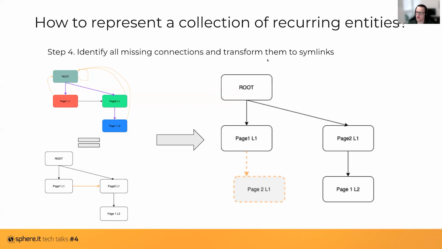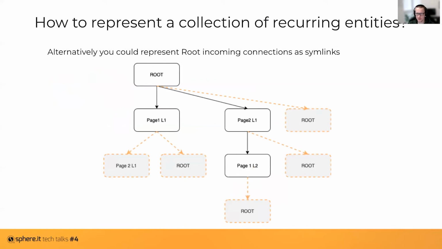And the outcome of such operations is a tree structure with a home page in the root and separate connections for each item, where each item has only one incoming connection, excepting, of course, the symlink, which is pointing virtually into the page 2 on level 1.